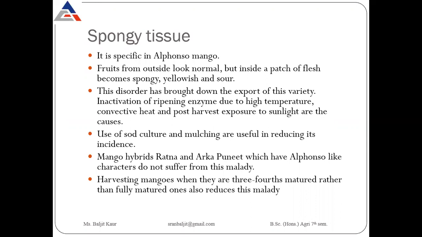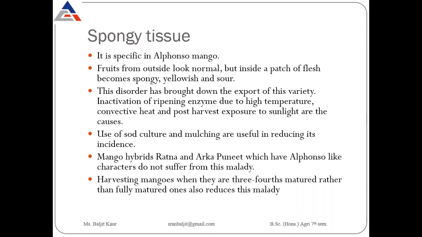Mango hybrids like Ratna and Arka Puneet, which have Alphonso-like characters, can be planted because they do not suffer from this malady. As Alphonso is more susceptible to spongy tissue, we can grow Ratna or Arka Puneet instead of the Alphonso variety.